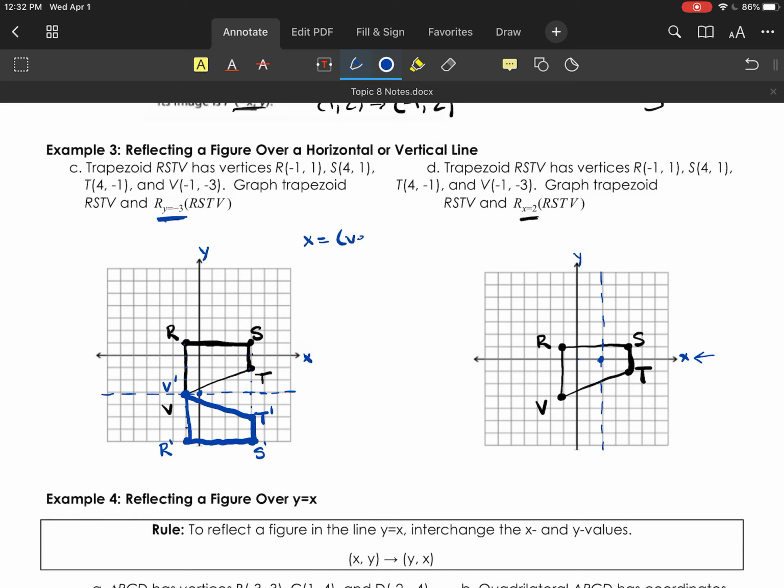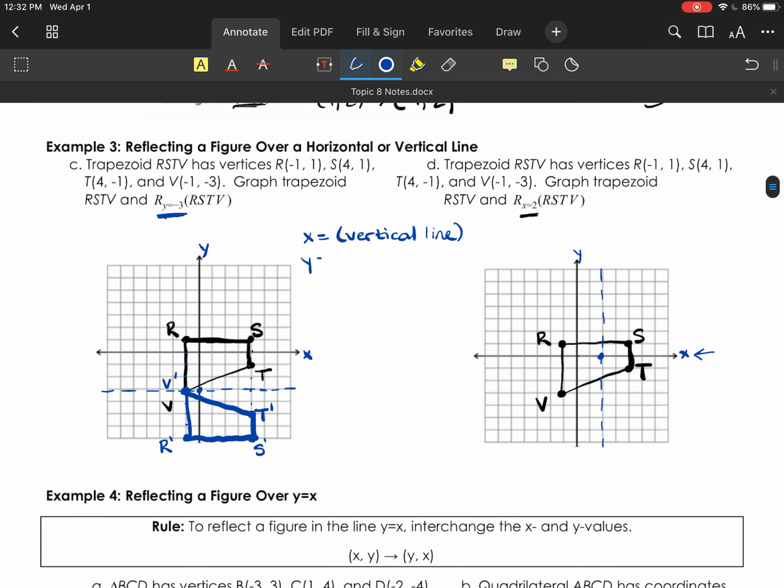When you have x equals, this is a vertical line. That's opposite of what we're used to thinking. When you have y equals, that is a horizontal line. The reason being it is crossing through the axis. All right, so I have my line of reflection here at x equals 2.